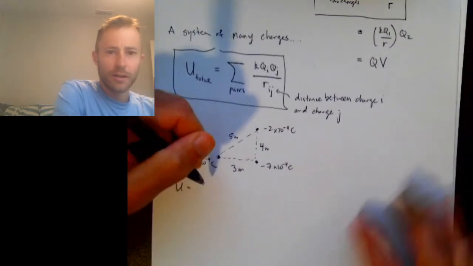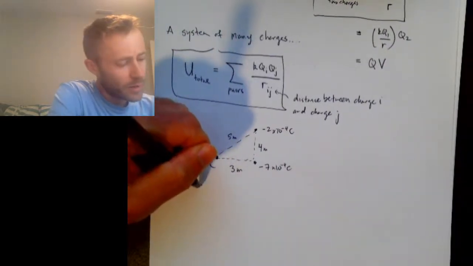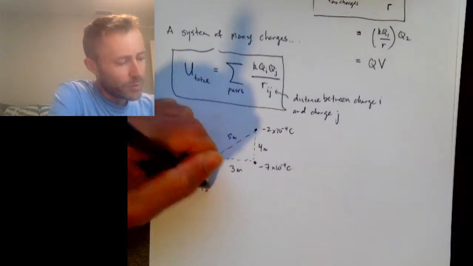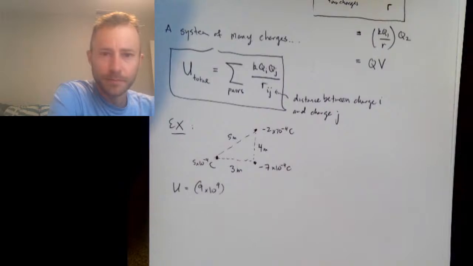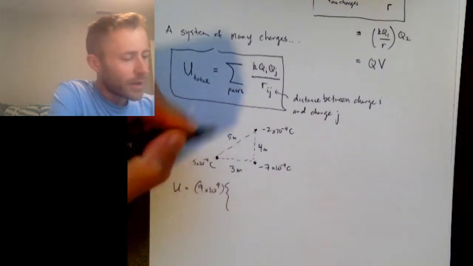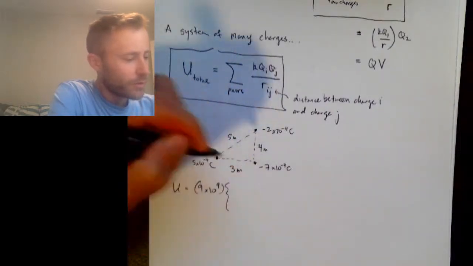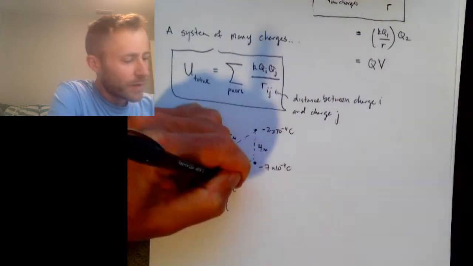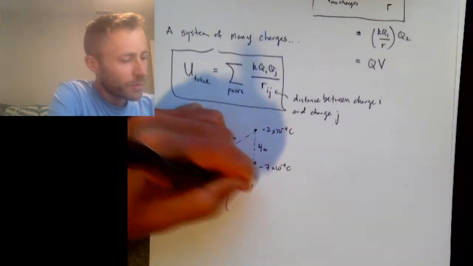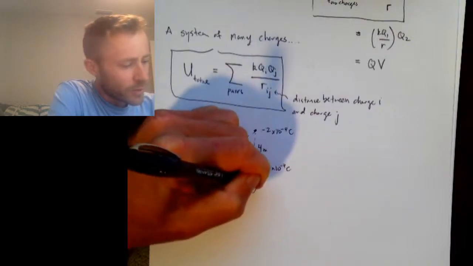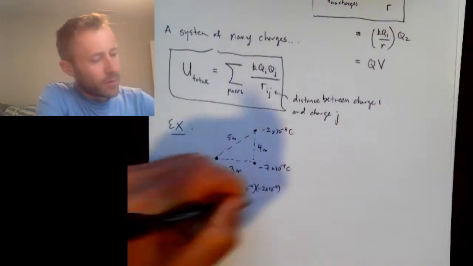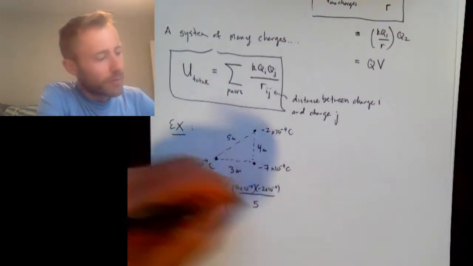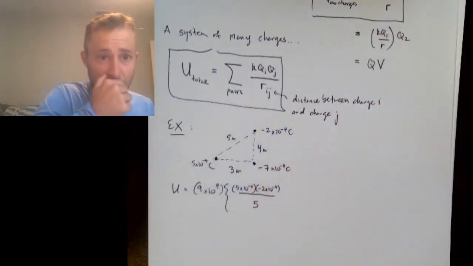So I can go ahead and just multiply this all by 9 times 10 to the 9th. So that's k. And then I have q1, q2. So I have 5 times 10 to the minus 4 times negative 2 times 10 to the minus 4 divided by 5, which is the distance between those two.